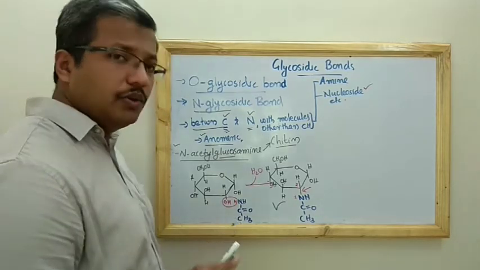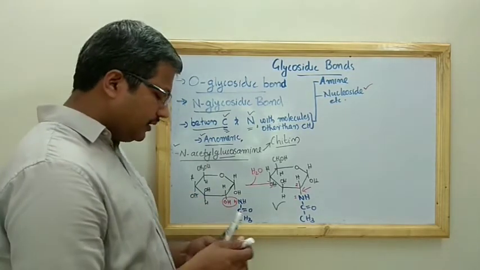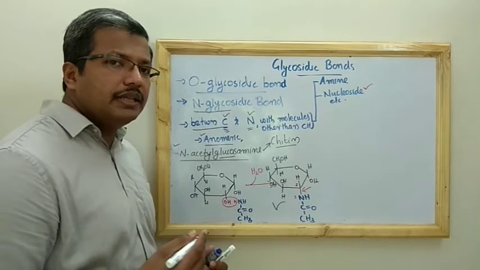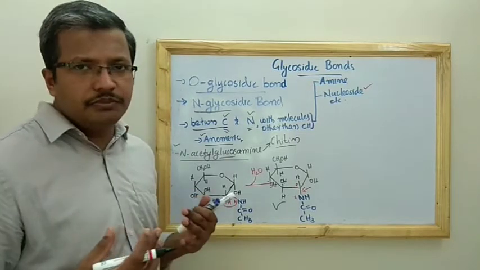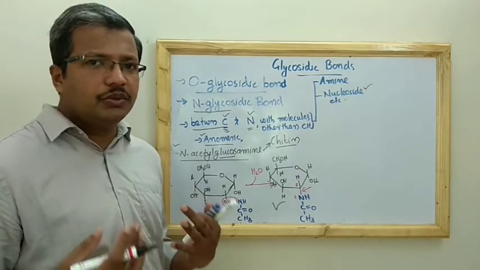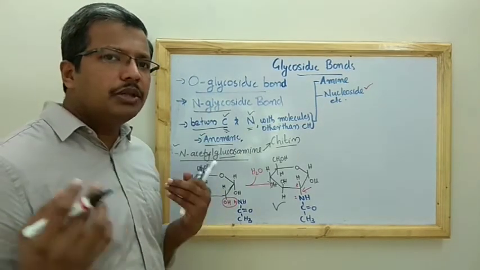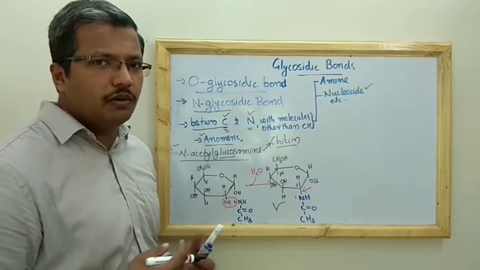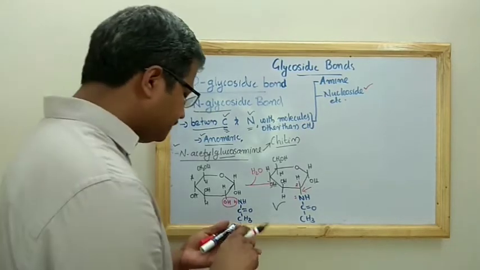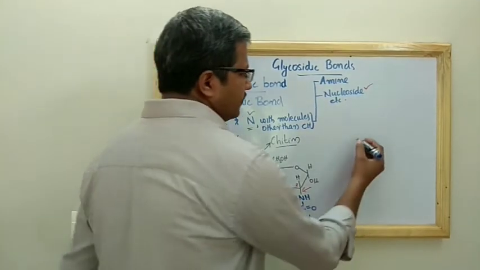Okay, so let us see. You know nitrogen base and all, I am hoping so. So we can see that the bond is formed between nitrogen base and ribose sugar in nucleoside through N-glycosidic bond where the anomeric carbon of ribose is involved. So you can see here. So first of all, ribose.